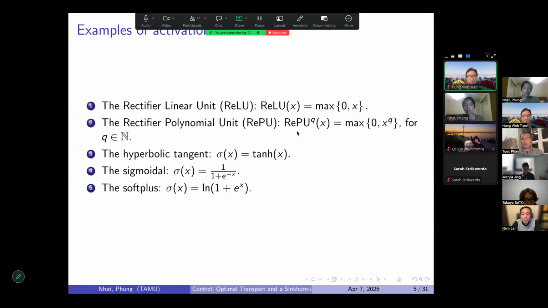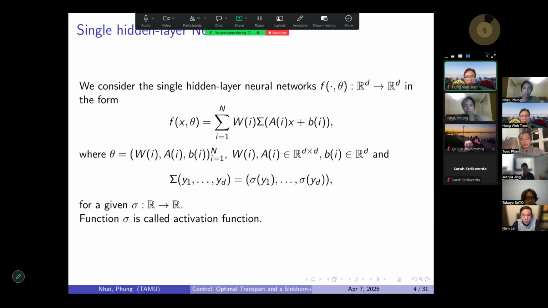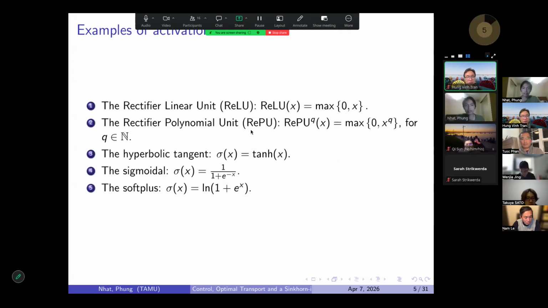Of course, we can consider different activation functions, because it is better to have different ones depending on the model they want to train on. So they consider a lot of activation functions.